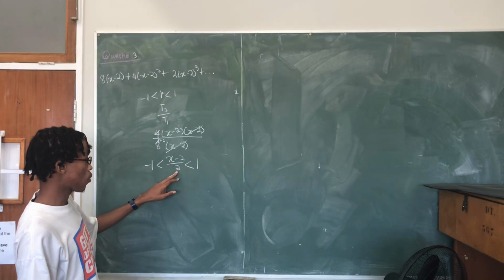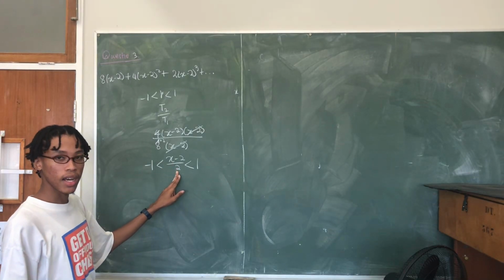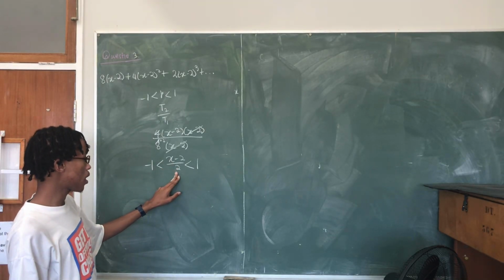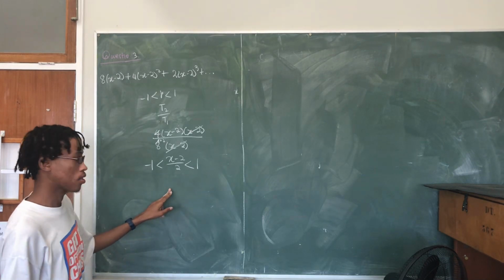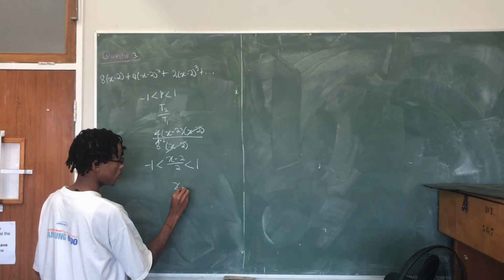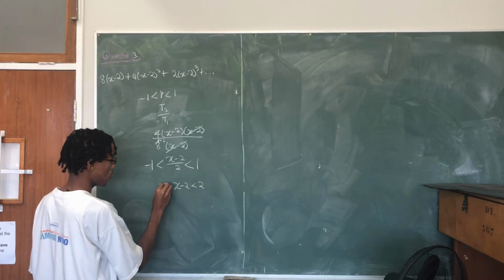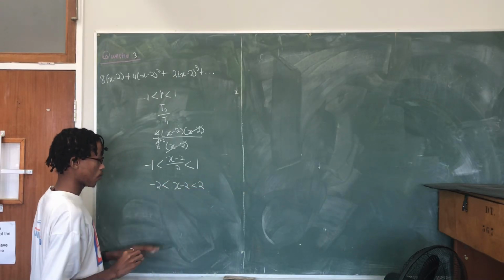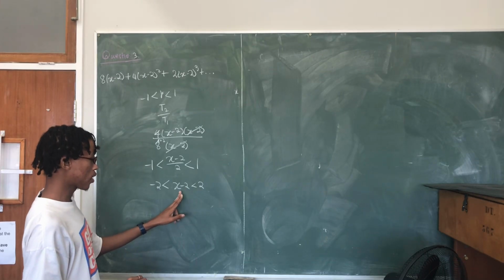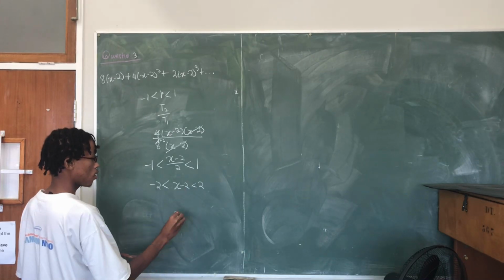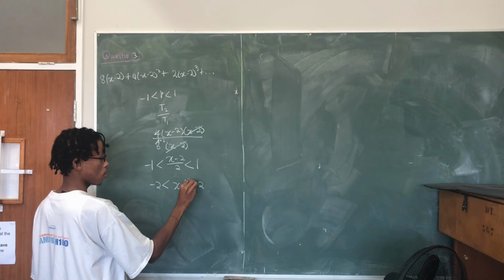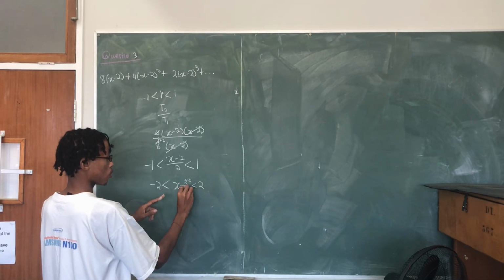We want x, so the first thing that we're going to do is multiply by 2. By multiplying by 2, we do this on both sides. So in the center, we'll only be left with x minus 2. On this side, we'll be left with 2, negative 2. We're not looking for x minus 2, so we have to add 2.